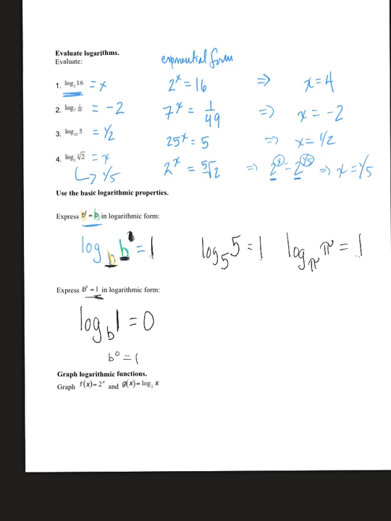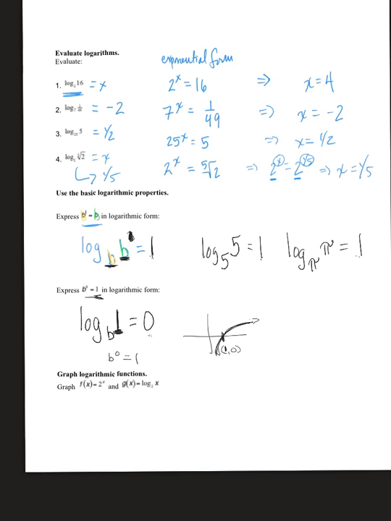Now that actually makes sense, because if I think about the input, the domain value, 1 of a logarithmic function, if we think back to our parent logarithmic function, we said that when the input was 1, the output was 0. So the input to this logarithmic parent function is 1, the output is 0.